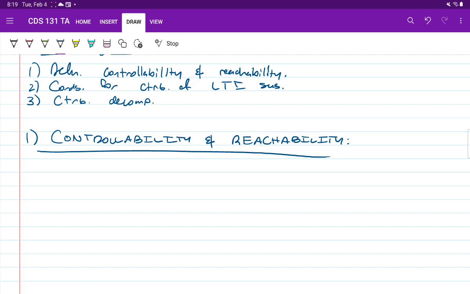So with that said, let's sketch out some of the basic ideas of controllability and reachability. I want to motivate these ideas first with a little scenario.